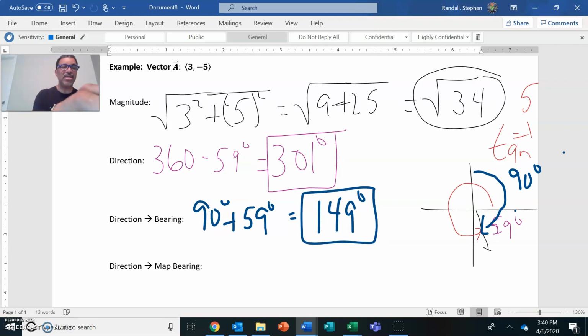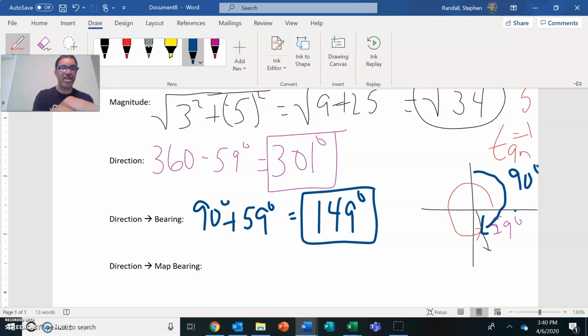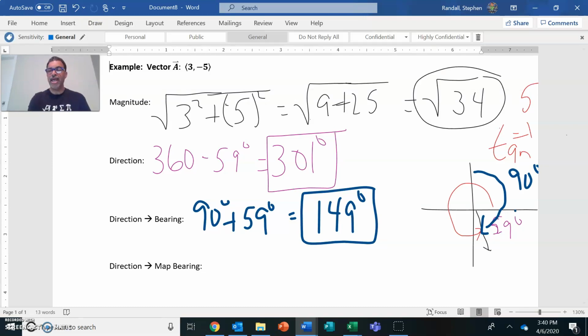Okay, and finally, a map bearing. Let's go back to black. A map bearing would take into account that this is north, south, east, and west. And so this comes off of the east. We can either come off of the east or come off of the south.